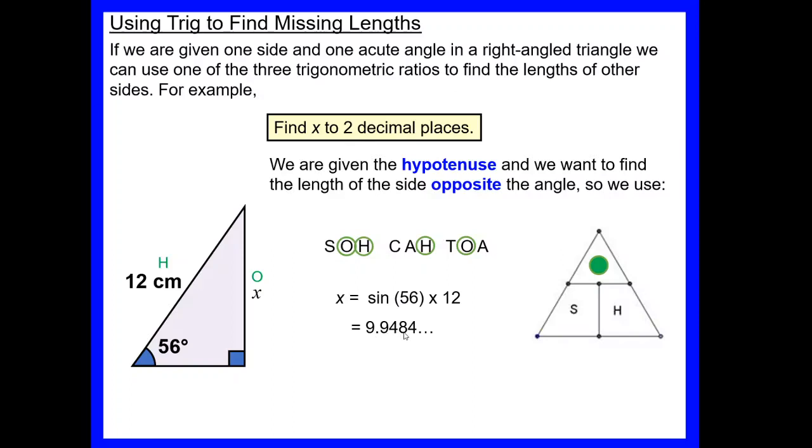Our third decimal place is greater than 5, so our second decimal place needs to go up by 1. We get 9.95 centimetres. Don't forget your units, we are measuring a length. Okay, so there's quite a lot there for you to take in. Make sure you've practiced that on your calculator to make sure you're getting the right answer before we move on.